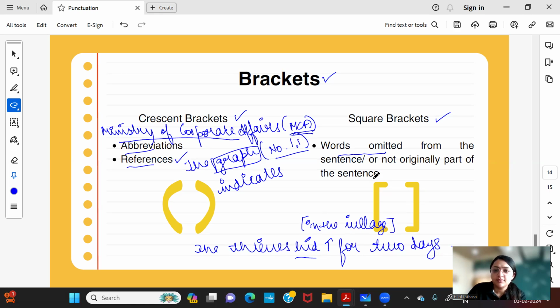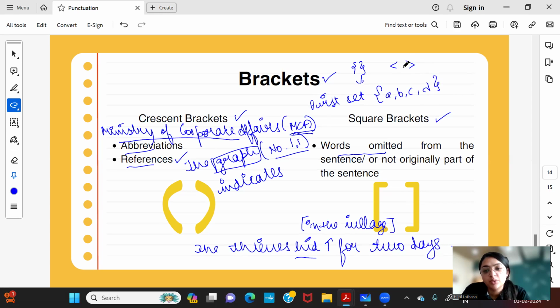And further, moving forward, we also have two more types of brackets, that is the curly brackets as well as the angle brackets. Curly brackets are usually included to denote a group or a set. So if we say the first set comprises of A, B, C, D, here we have used curly brackets. And further, angle brackets are used in case of a different language that is used.